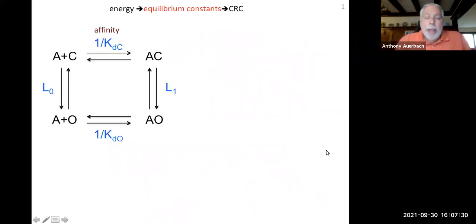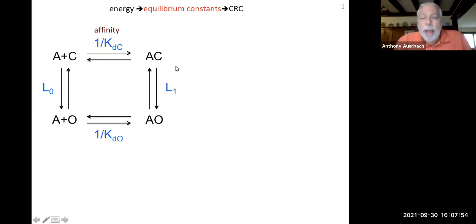So we can take that energy landscape and represent it as a reaction scheme, the standard way in chemistry, where the vertical lines represent the switch between C and O, and the horizontal lines represent binding of ligand. There are two affinities, two equilibrium dissociation constants, but the word affinity is usually applied to the low affinity binding, which is in the main activation sequence.